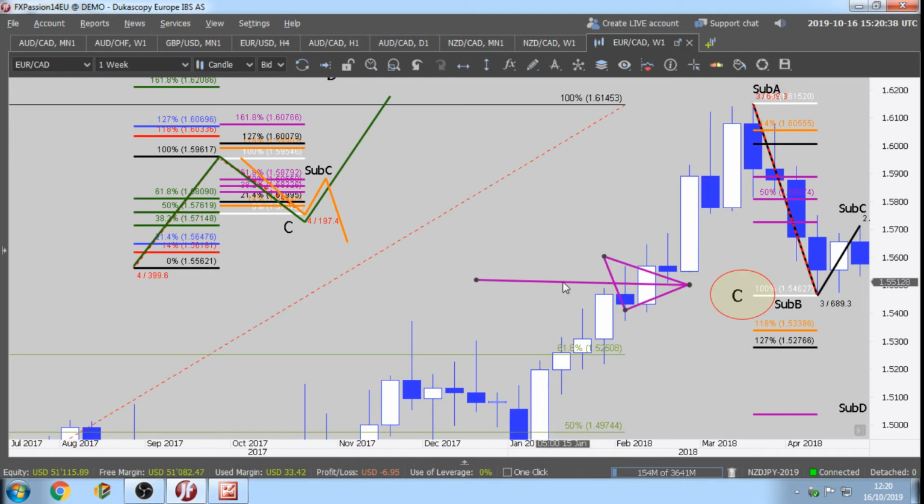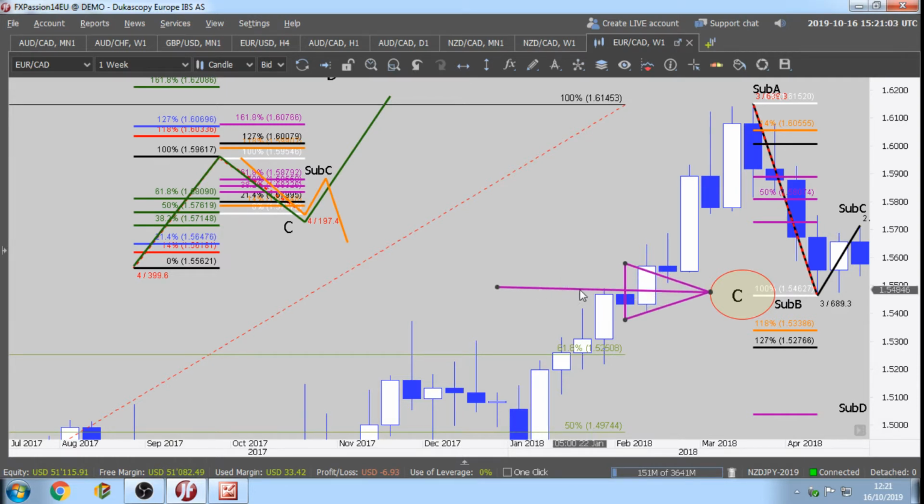Is this my C? EuroCAD weekly chart. This happened for real. And what you are trying to learn here is how to think. Did I find the C? I don't know what is going to happen in the future, everybody. Did I find the C? No.